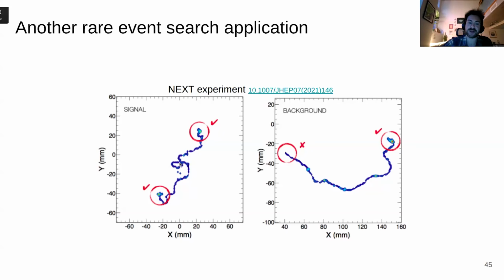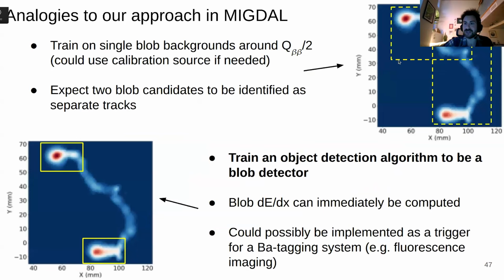These are events made of two commonly observed tracks, if you use radioactive calibration sources, that share a vertex. So you could use some sort of bounding box type analysis to identify those events. It could even potentially be used on the front end as a trigger for barium tagging.